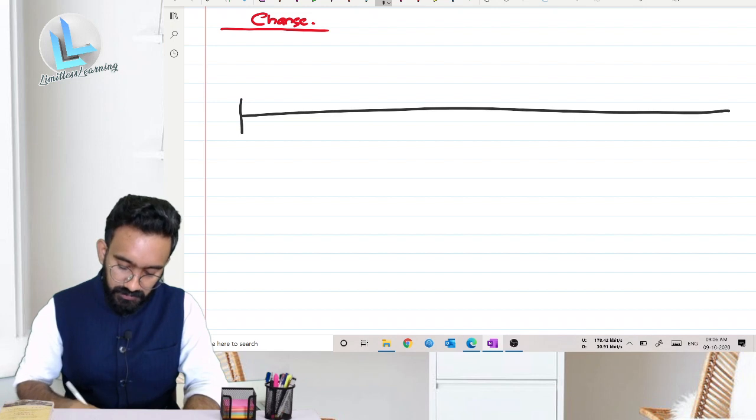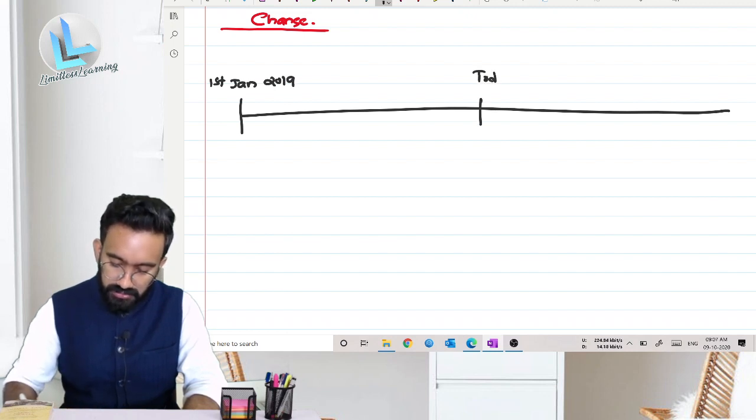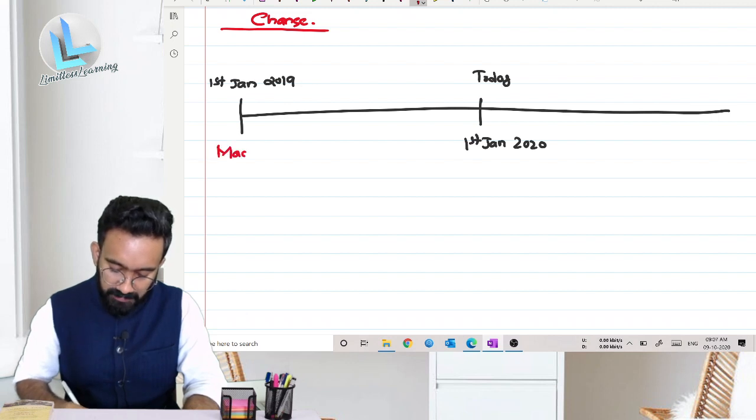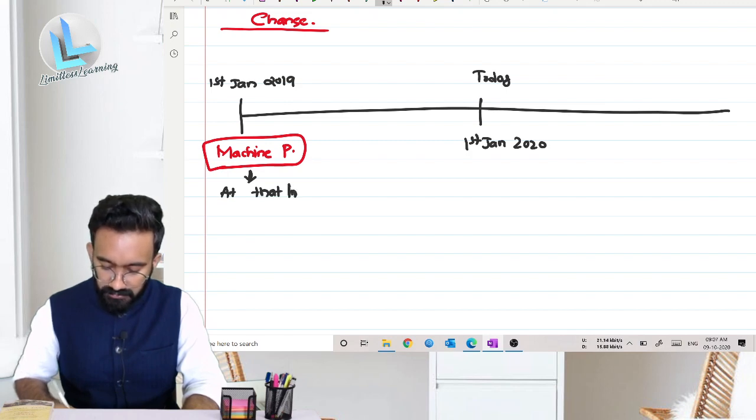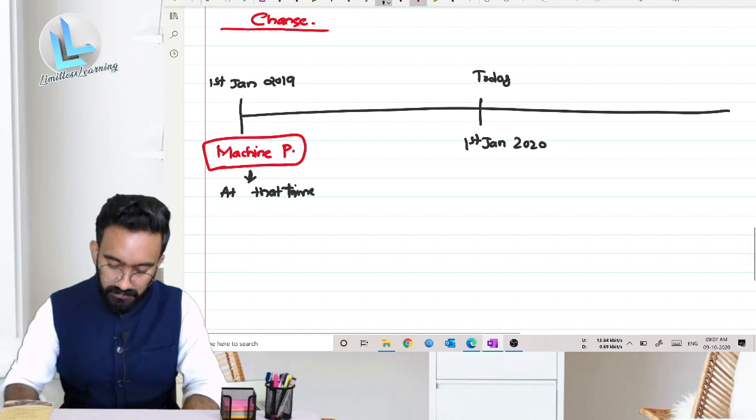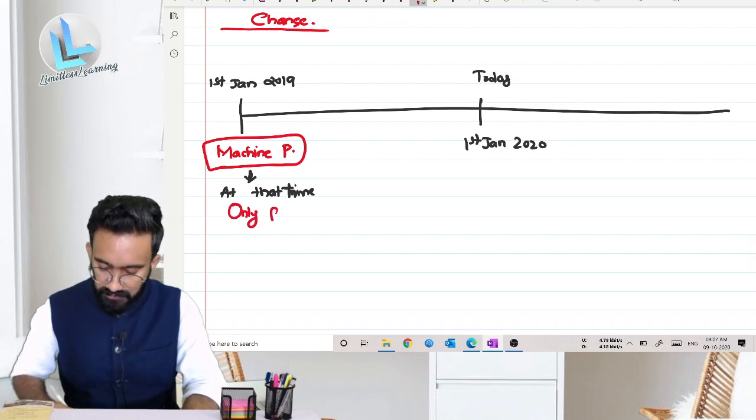Say, 1st of January 2019. Today is 1st January 2020. On 1st January 2019, I had purchased a machine called machine P. At that time, I had used it only for taxable, and GST was 60,000.